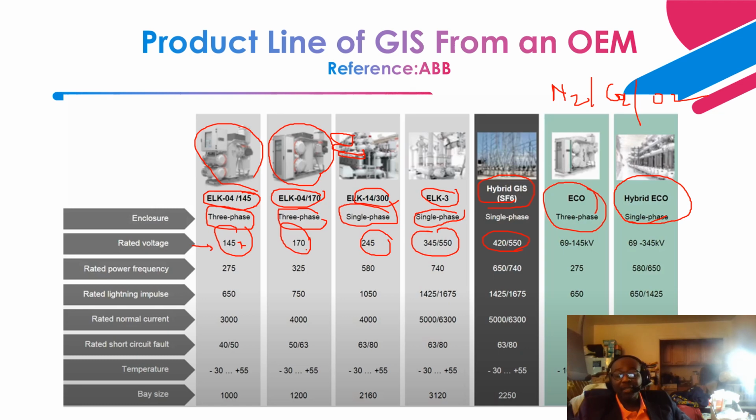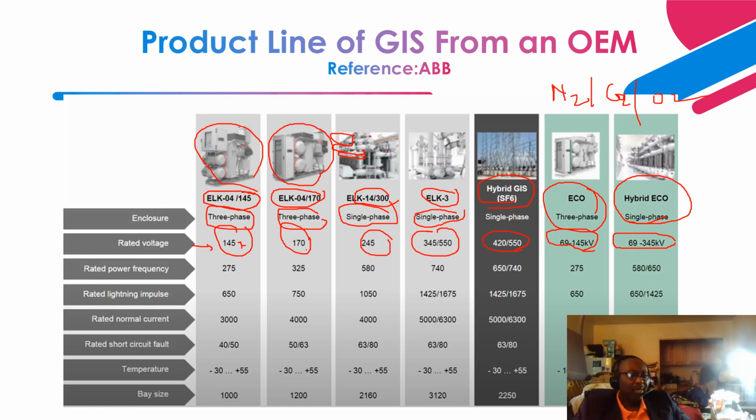For the new eco-friendly product lines, I think they've successfully been able to achieve this, but it is still in progress to be commercialized. I think by the year 2024 or 2025, it should be fully commercialized.